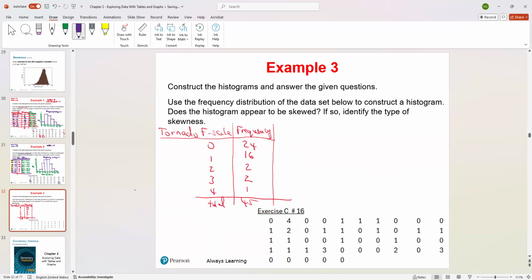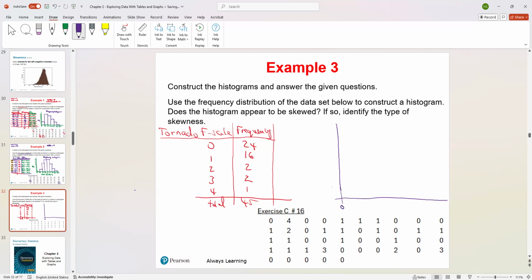When we construct a histogram, remember on the x-axis, I don't know if we can just put 0 like this, okay? I don't know if we can just put them as 0, 1, 2, 3. Let's see. Okay.